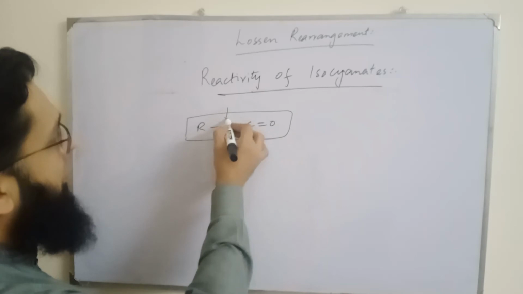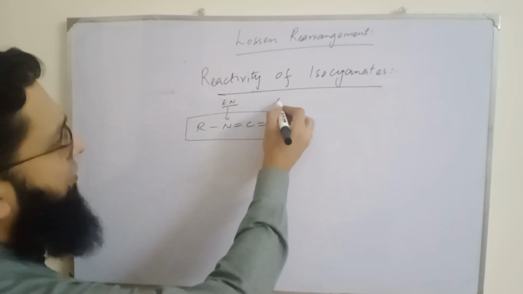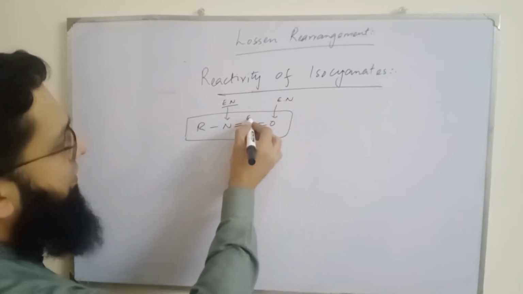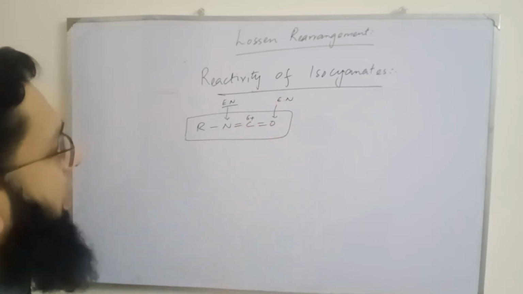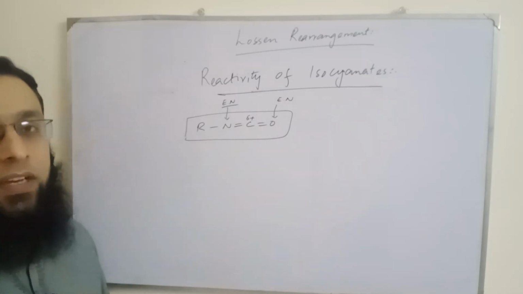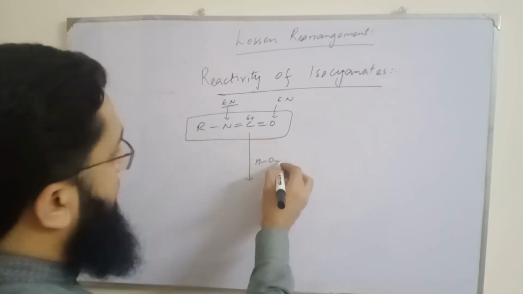This nitrogen is electronegative, this oxygen is electronegative. As a result, this gets partial positive charge and becomes electrophilic in nature. Therefore, nucleophiles can attack on this carbon, and for example, water.